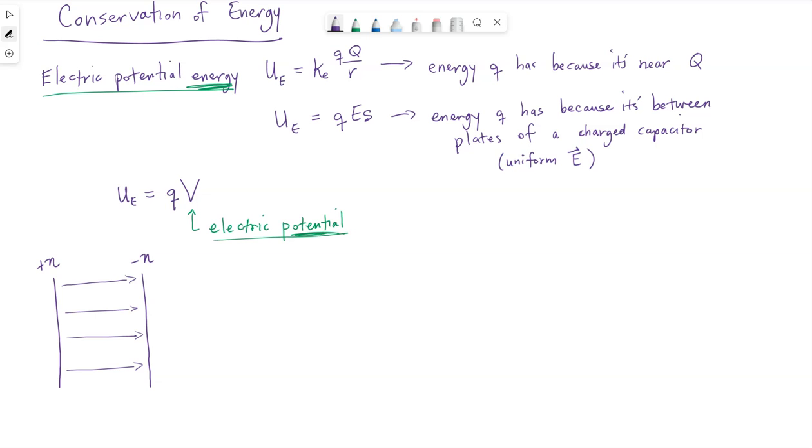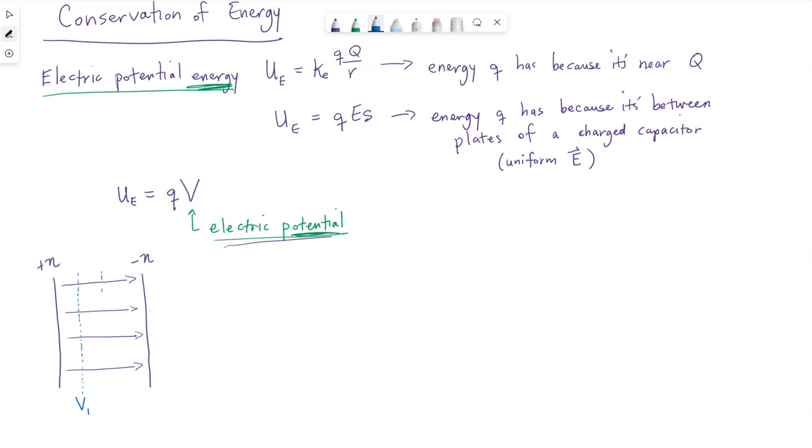When we talk about the electric potential, we're talking about locations where we can place a charge and it would have the same amount of energy. That's those equipotential surfaces we were talking about. Inside the capacitor, it's a line and essentially a plane parallel to the charged plane.